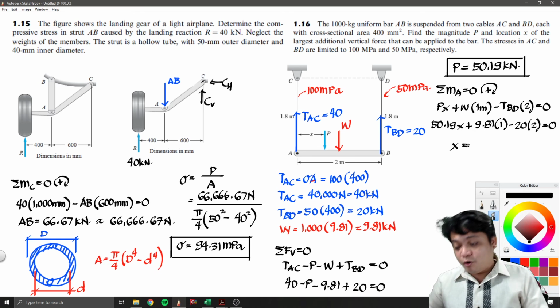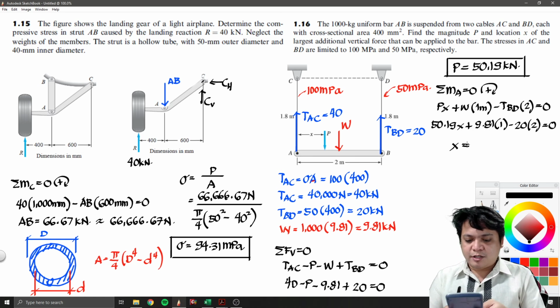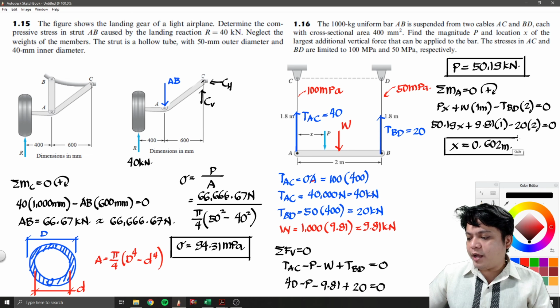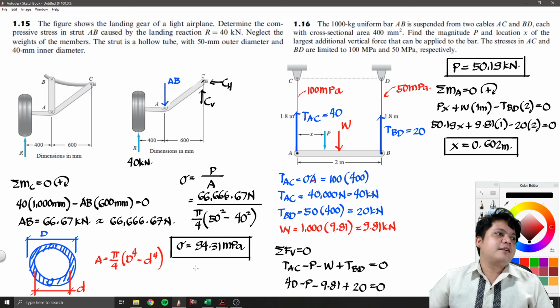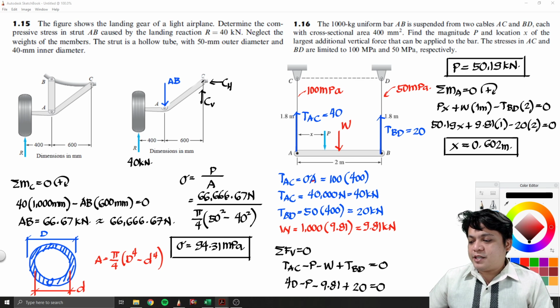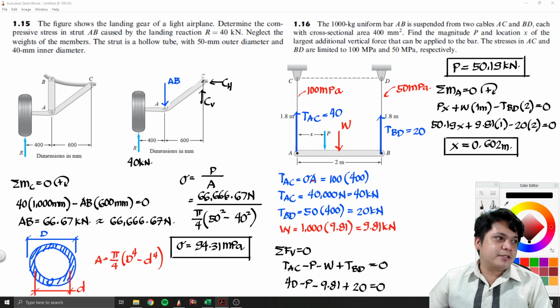The only unknown is X, so that is 20 times 2 minus 9.81, divided by 50.19, which is 0.602 meters. This is the maximum location of X so that our cables will not fail. So that's 602 millimeters, the answer for these problems.